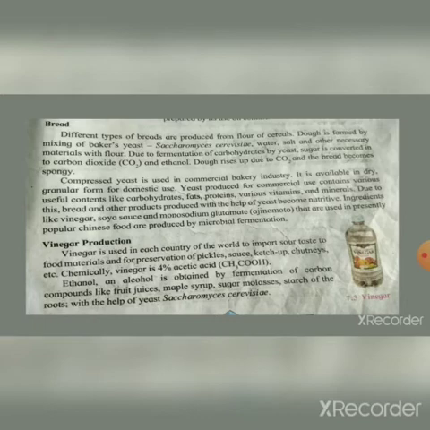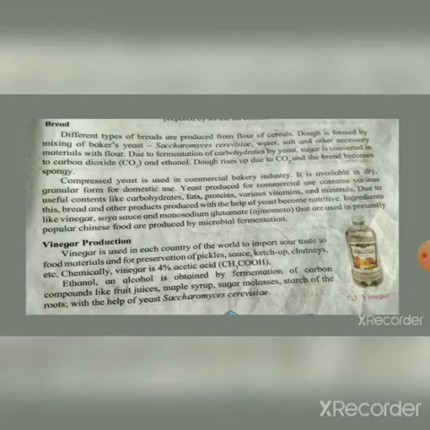Compressed yeast is used in the commercial bakery industry. It is available in dry, granular form for domestic use. Yeast produced for commercial use contains various useful contents like carbohydrates, fats, proteins and various vitamins and minerals. Due to this, bread and other products produced with the help of yeast become nutritive.